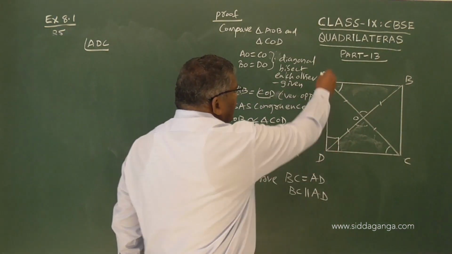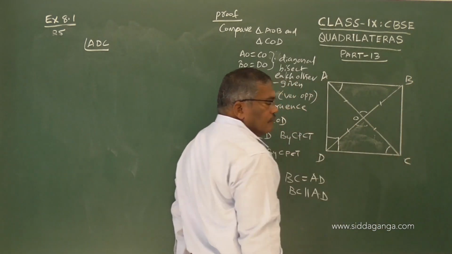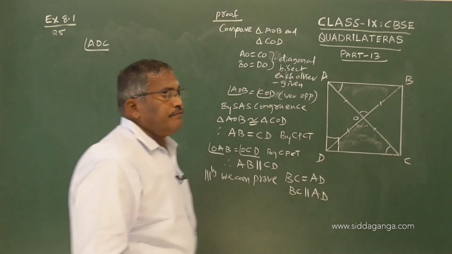See, we have proved that BC is parallel to AD and DC is transversal.